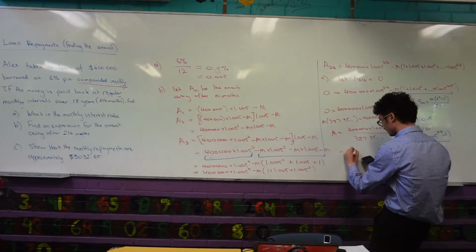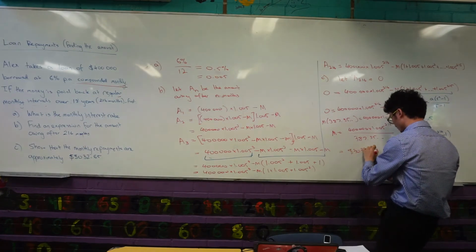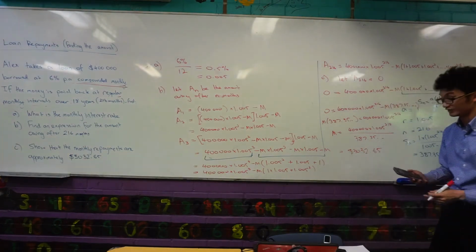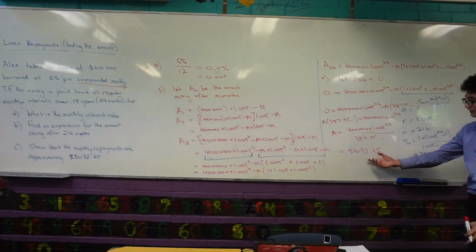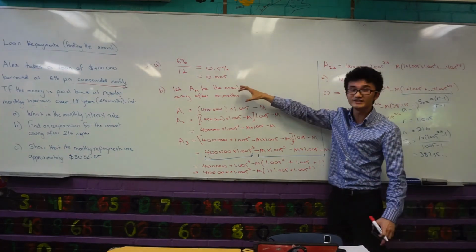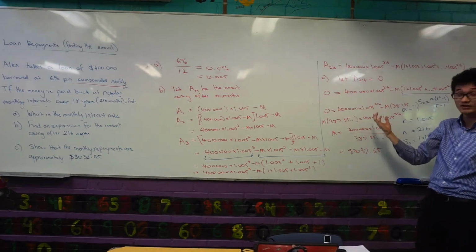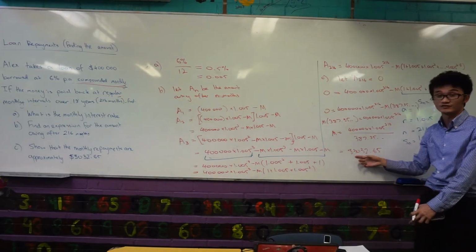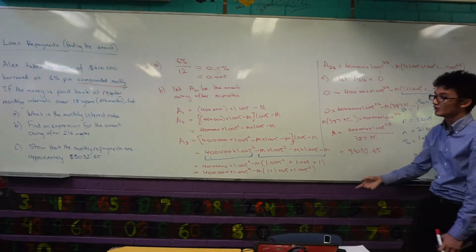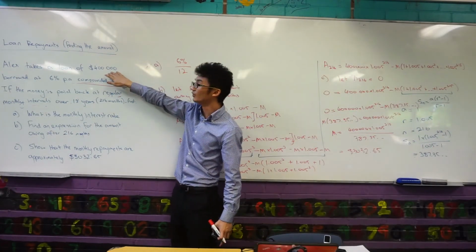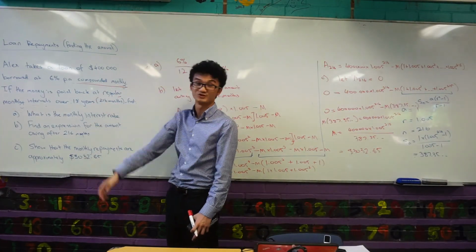You get $3,032.65 to the nearest cent. So you can see, just by breaking down this question into steps, although there are a lot of calculations you need to do, you can easily find that monthly repayment which pays off your loan of $400,000 in 216 months.